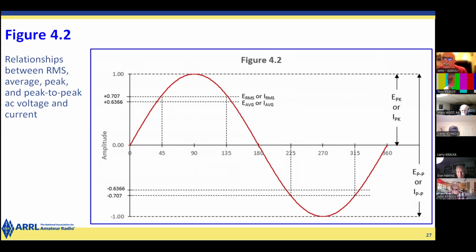It's not, as they say here, the average. It's the actual power, which I guess has to do with the shape of the sine wave, wouldn't it? Well, the sine of 45 degrees is 0.707. But what's 45 have to do with it? Well, 45 is where it's at on the x-axis. That's where it crosses, right? Right. Yeah. So I don't know why they don't just say the sine of 45, but why 45?